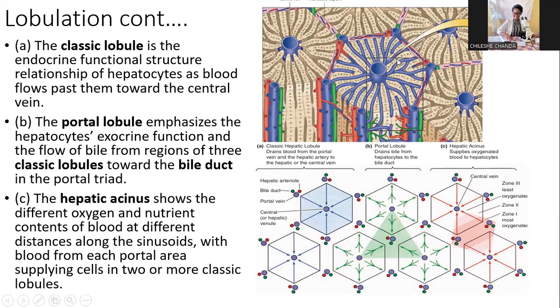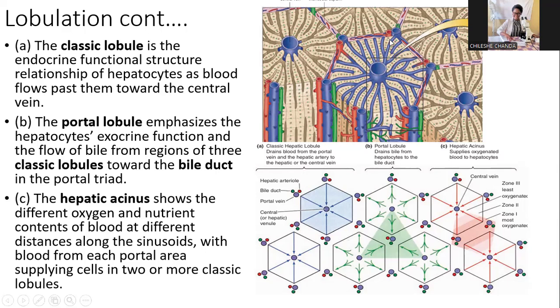Apart from the classic lobule, we have the portal lobule. The portal lobule emphasizes the hepatocyte's exocrine function and the flow of bile from regions of 3 classic lobules towards the bile duct. If you look at the green bile duct, this is the one that is going to be in the center.